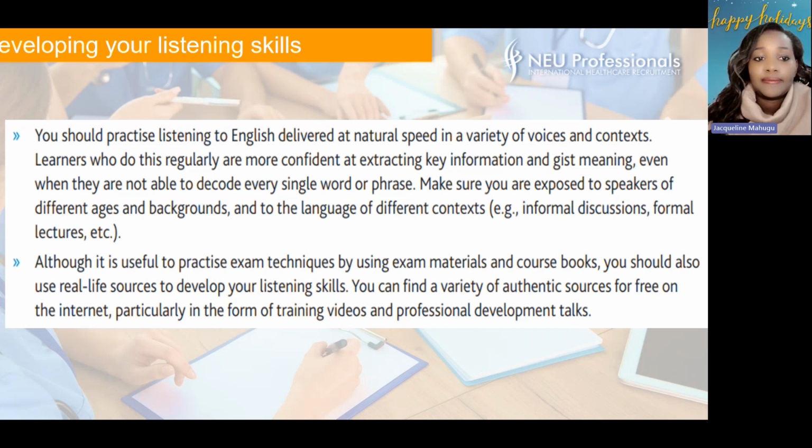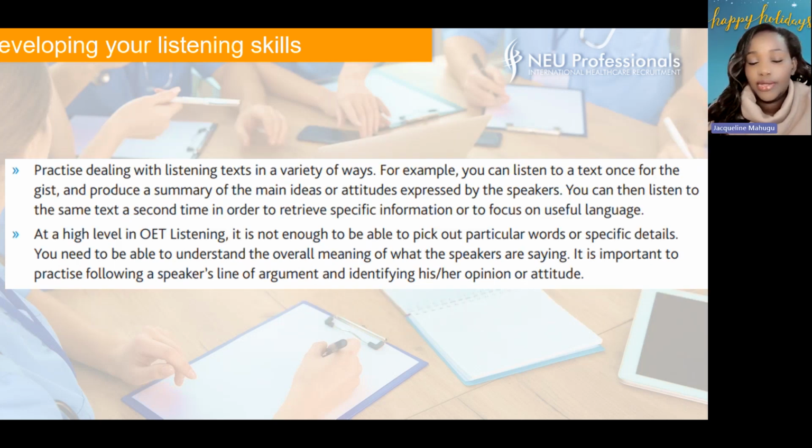Another way to develop your listening skills is to practice with listening texts in a variety of ways. For example, you can listen to a text once for the gist and then produce a summary of the main ideas or the attitudes. We've discussed how to listen for attitude expressed by the speakers.